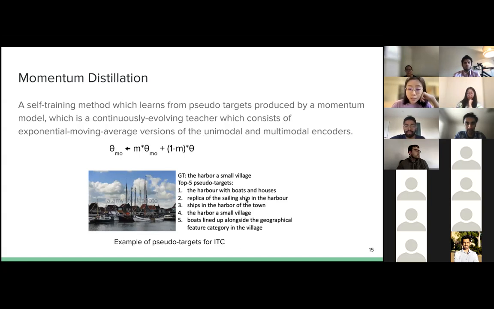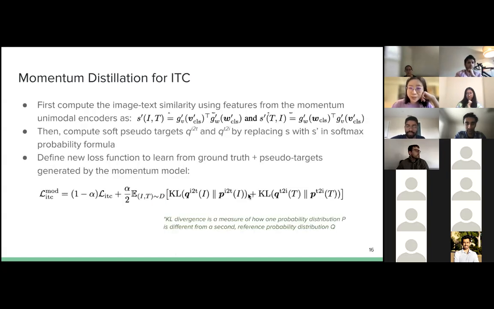Let's look at how momentum distillation works for the image-text contrastive loss first. Basically, we want this momentum model to predict the pseudo probability distribution, where the momentum encoder might think certain pairs are equally reasonable, so it's going to give these pairs of image and text equally high probability.